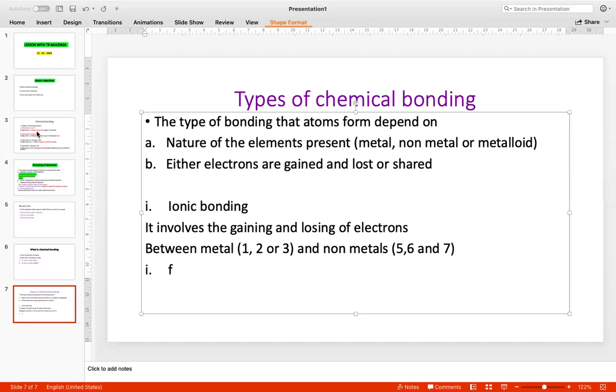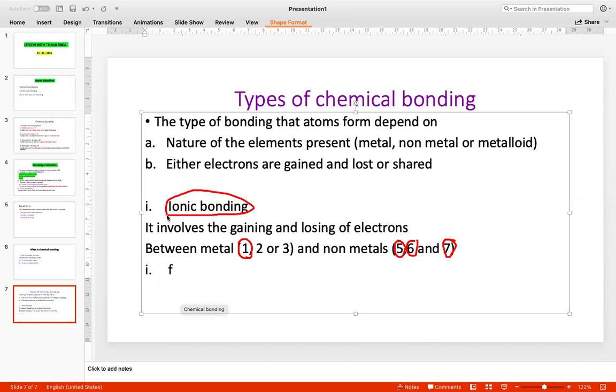Let me pause here for a while. In a moment where you have chemical bonding taking place between an element whose number of electrons is 1, with an element whose number of electrons is either 7, 6, or 5, do not go very far. Just know that the type of bonding taking place is called ionic bonding, because one is a metal, the other one is a non-metal.